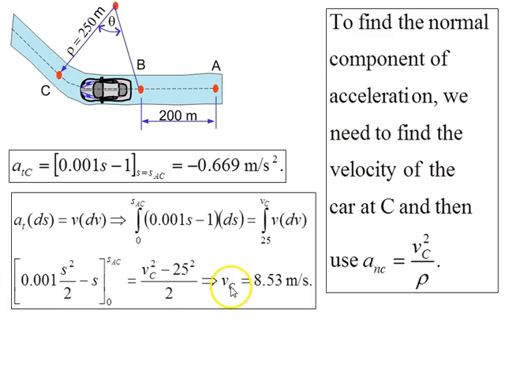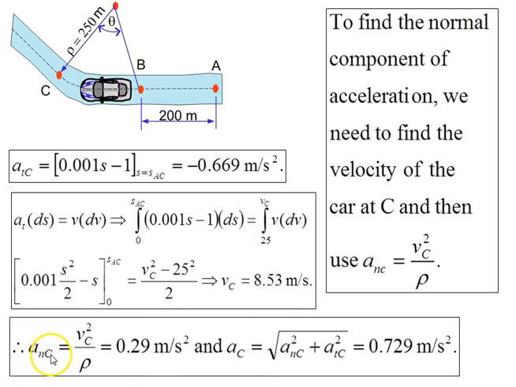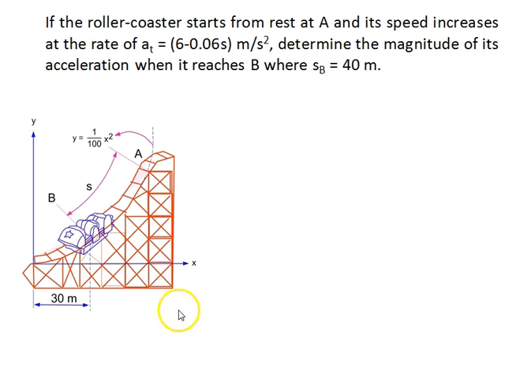So we got this v_C to be 8.53 meters per second. Thus we can find the normal component, v_C squared over rho, 0.29, and total acceleration to be the square root of normal component squared plus tangential component squared.